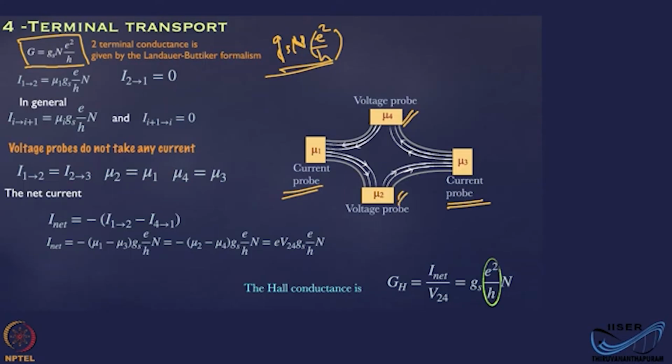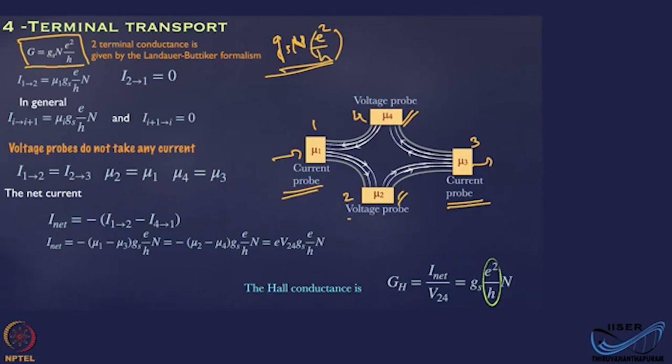So these are voltage probes and these are current probes. That means you inject current here and remove current here, but you don't need to worry about whether you are removing or putting, because you can also apply an oscillating voltage between 1 and 3. I have 4 contacts: 1, 2, 3, 4. Those are the contact numbers.